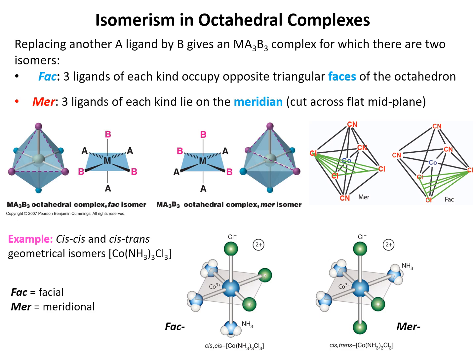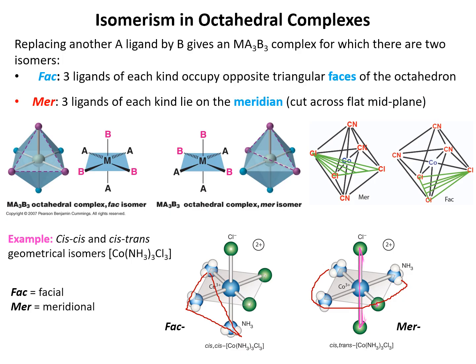In this one we can see the facial, meaning it makes a face here, and for meridional, they are along the axis. We call it, in short form, fac and mer. This is how we can differentiate them. I guess it's clear for you right now.